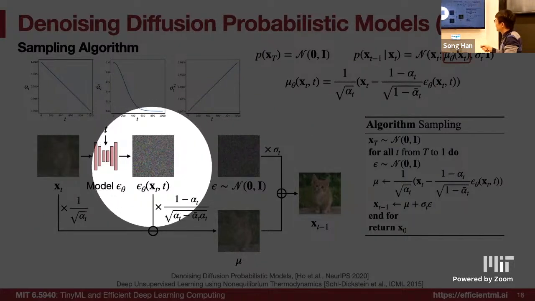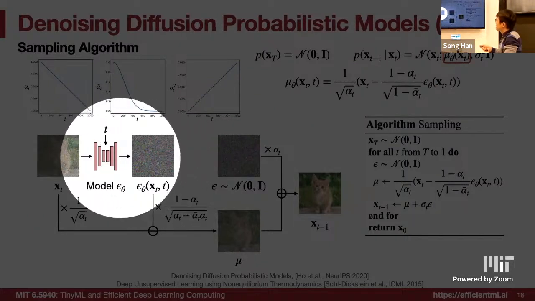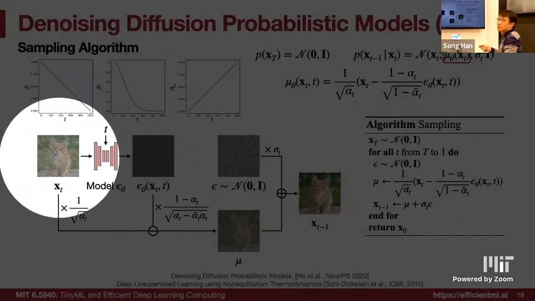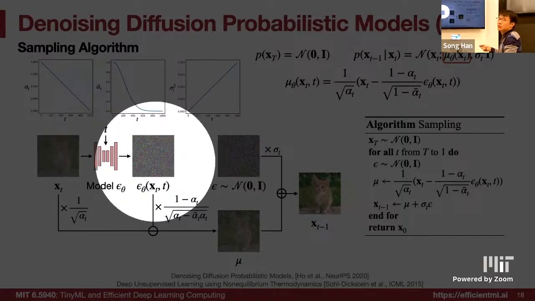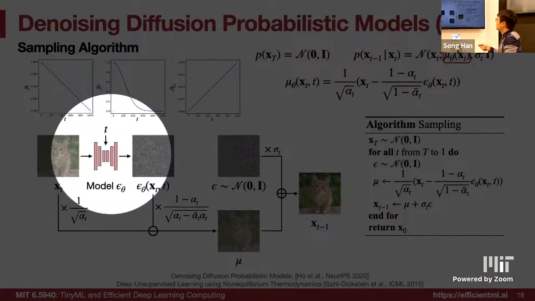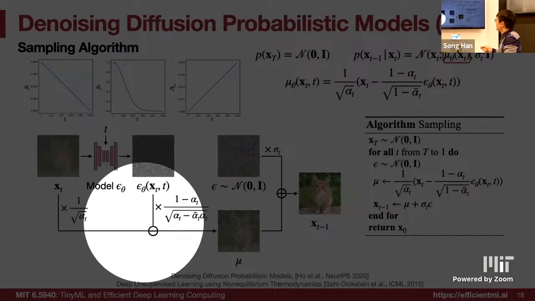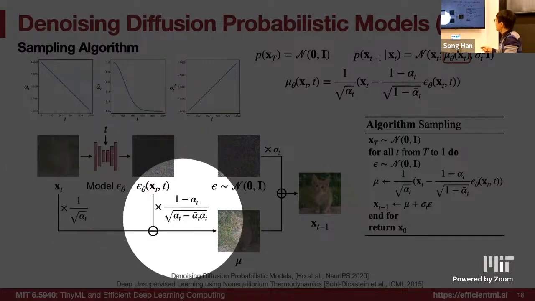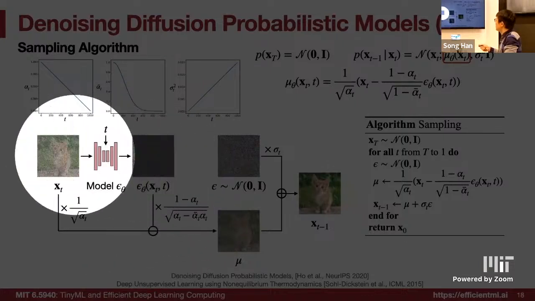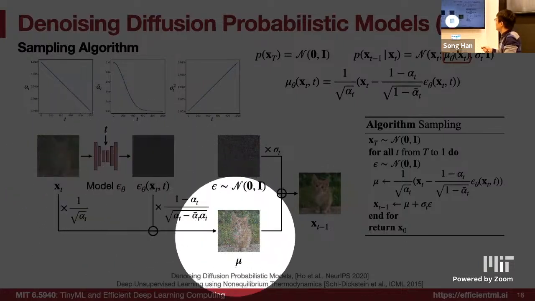Epsilon theta of xt is basically predicting the noise given this input. Given this input, the model epsilon theta is predicting the noise. What is the noise inside this image? And we subtract the noise from the image. These are the scaling factors. We subtract noise from the image, we get a cleaner image.